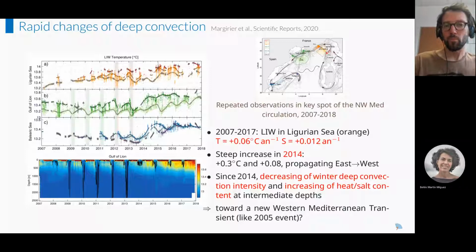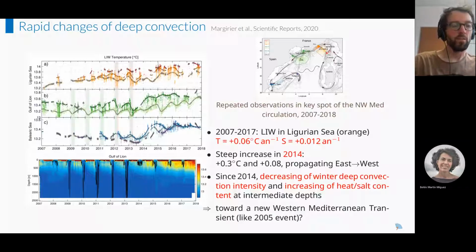As you can see on those graphs, the temperature and salinity observed in different boxes from this integrated system bring you insight into what's happening, where those signals are coming from, and what the amplitude is. As you can see, the salinity and temperature increased by almost half a degree quite rapidly in 2014.